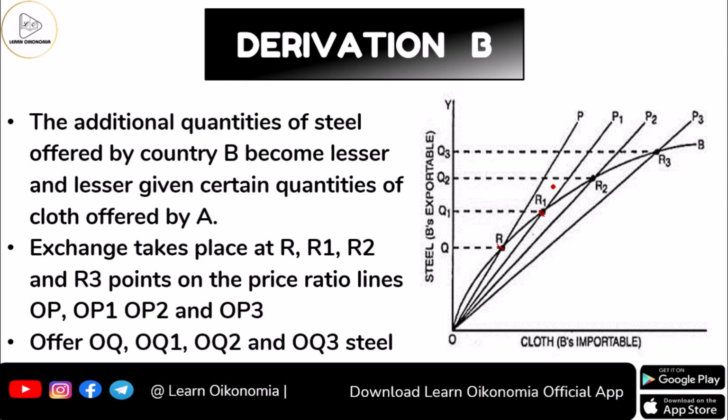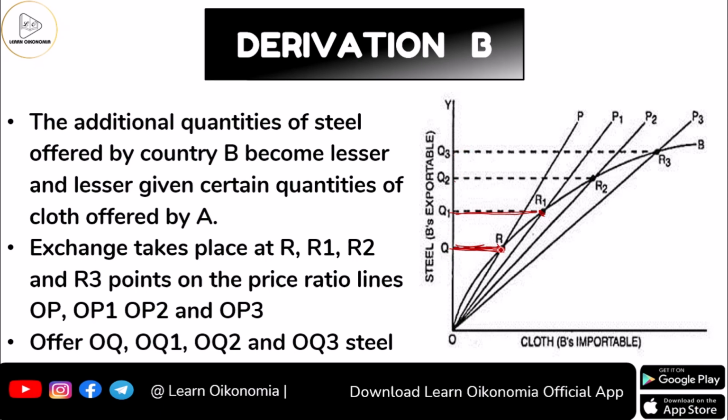Here the different price ratio lines are OP, OP1, OP2, OP3, and the quantities offered would be RQ, R1Q1, R2Q2, R3Q3, etc. for OQ, OQ1, OQ2 and OQ3 respectively.